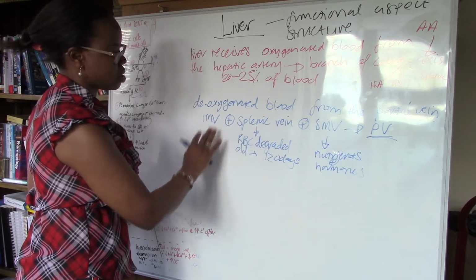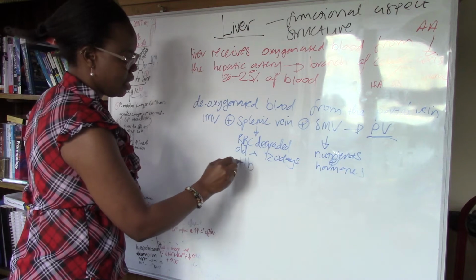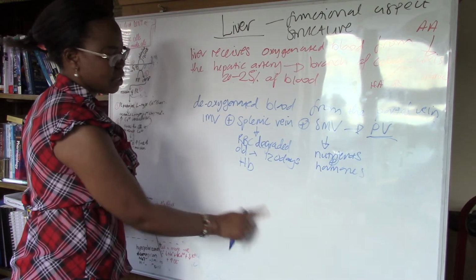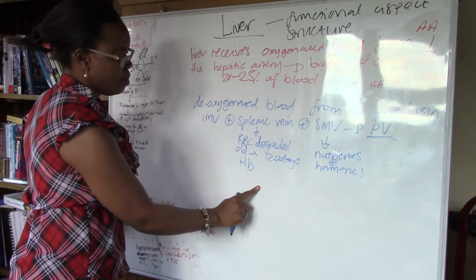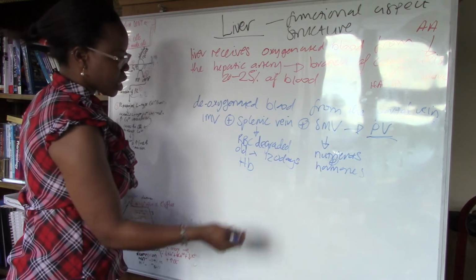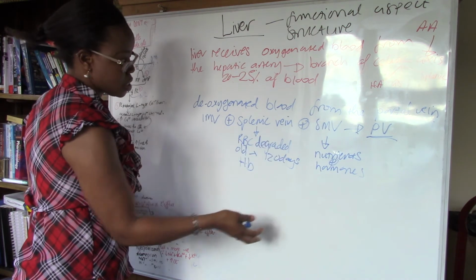I'll say recycled because obviously, things like the hemoglobin, which has globulins, which end up being amino acids, and also has heme, which ends up forming part of the bilirubin, are all recycled back into the system.